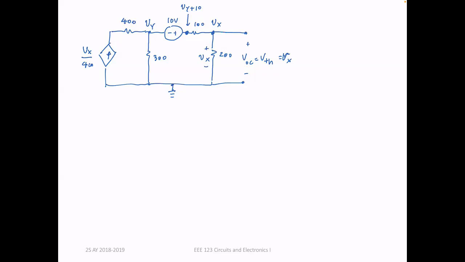Okay, so applying KCL here, ano yung magiging equation ko? That's Vx over 200, okay, plus Vx minus V sub y plus 10 over 100 is equal to 0. Right? That's the KCL equation here.